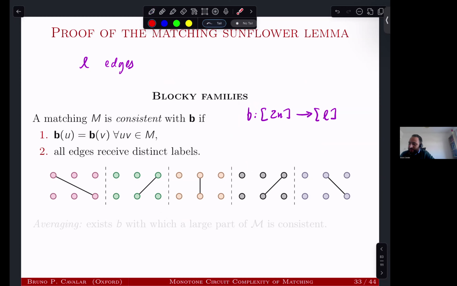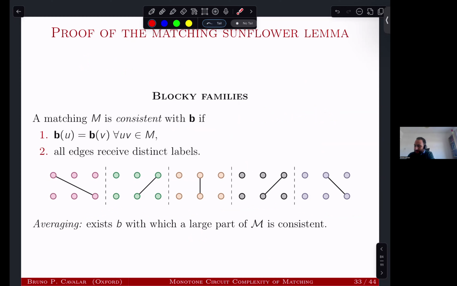So this is supposed to be representing L blocks. Every edge has its vertices in the same block, and moreover, every edge is in a distinct block. So what is happening is that every block receives one edge and one edge only from the matching. This is what it means for a matching to be consistent with a coloring of the vertices.